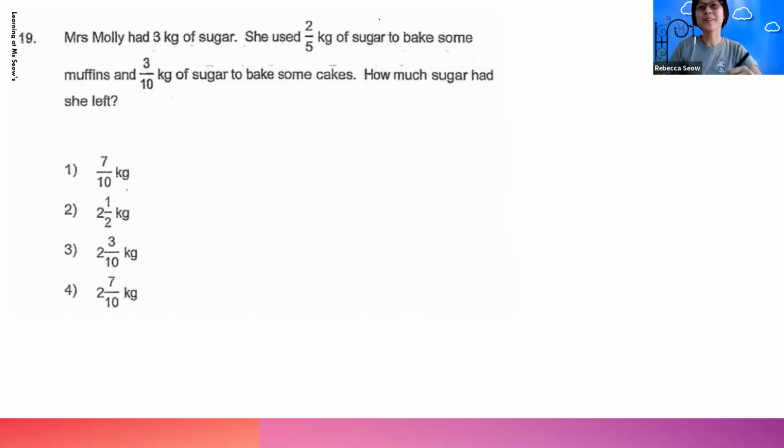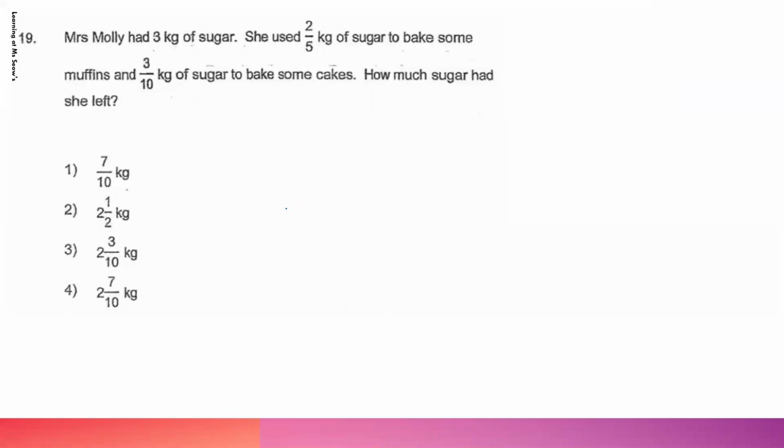Twenty seconds more. If you're done, you can just put a thumbs up. Pavana, I saw your thumbs up. Okay, time is up. Let's go through the answer now. So, what are your answers? 1, 2, 3, or 4?